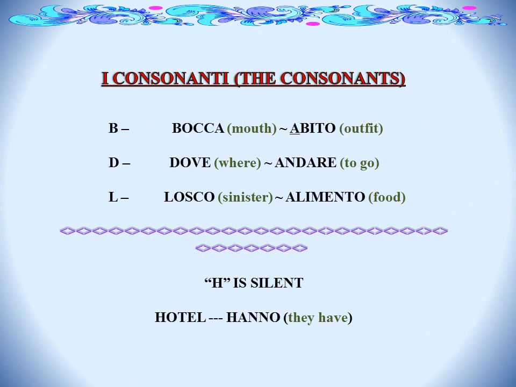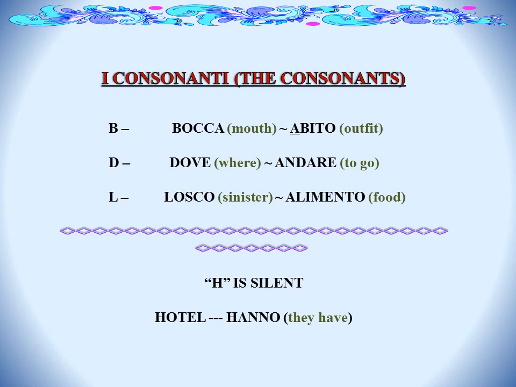While there are some subtle differences between Italian consonant pronunciation and English consonant pronunciation, for example, the sound of the letter D is a little more delicate in Italian, for the most part, the consonants, i consonanti, produce the same sounds in an Italian word that they do in an English word.